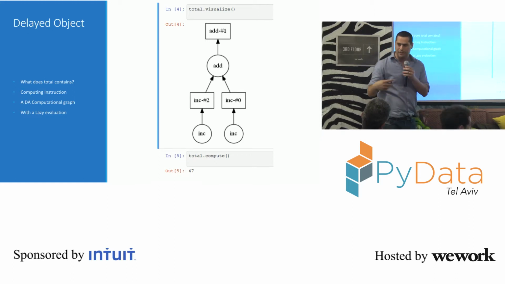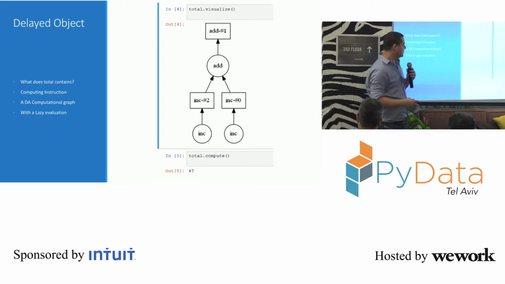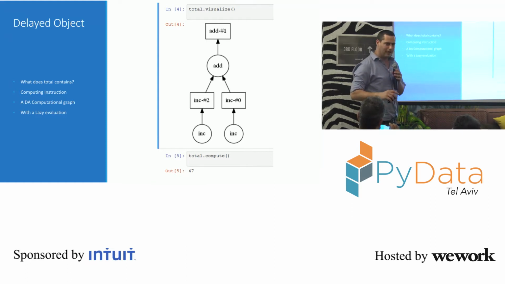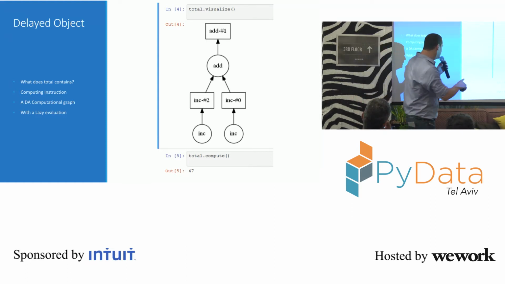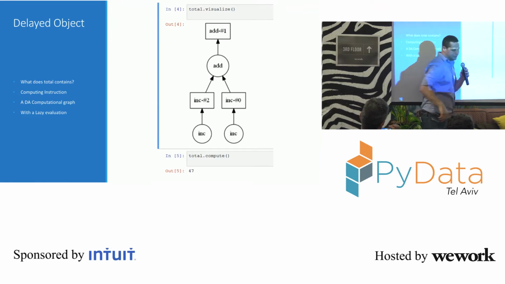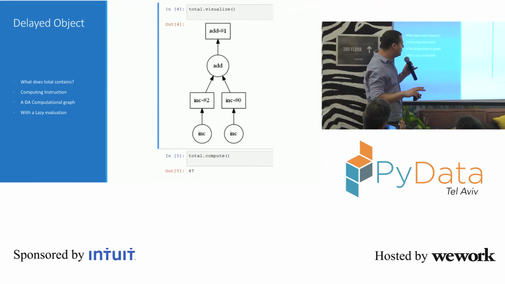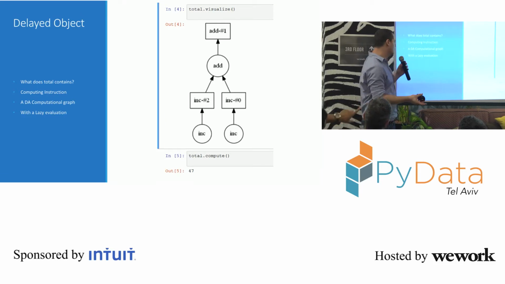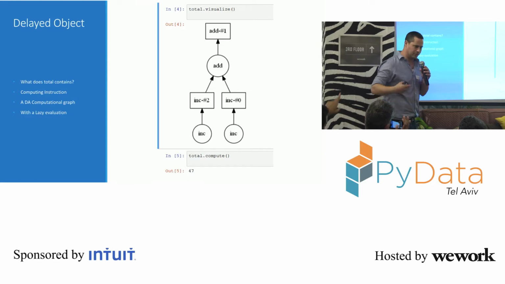It can be very complicated. This is a very simple one, but you can get whatever graphs you're using. And the only thing that will happen is once we use compute. So nothing will happen in the system until we give the compute function. This will produce the result that we saw earlier.